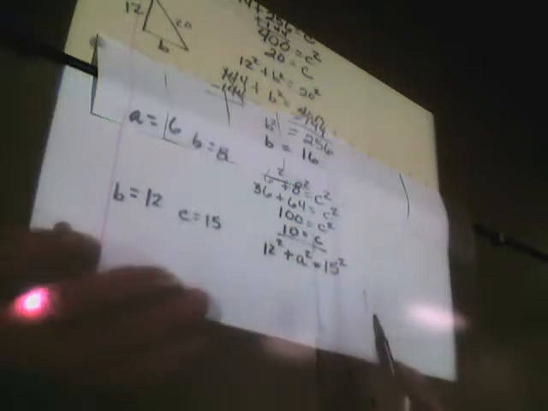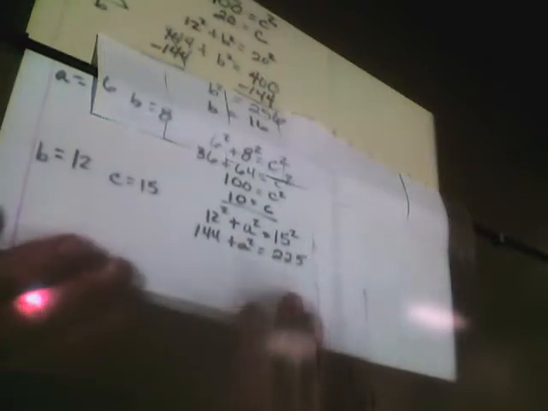Either way, you don't know the A. So 144 plus A squared equals 225. Subtract 144. So A squared is 81. Square root of 81 is 9.